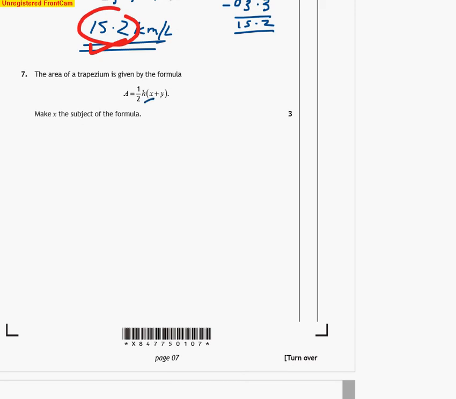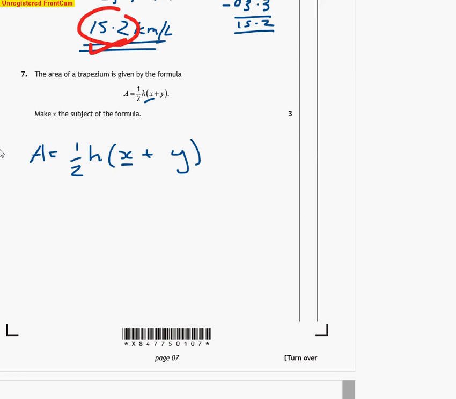Okay. So we're trying to get into x. Right? So we need to start on the outside of this bracket and work our way in. Okay, now to get something from this side to this side, we do the opposite. Okay, so here we're doing a half times h.